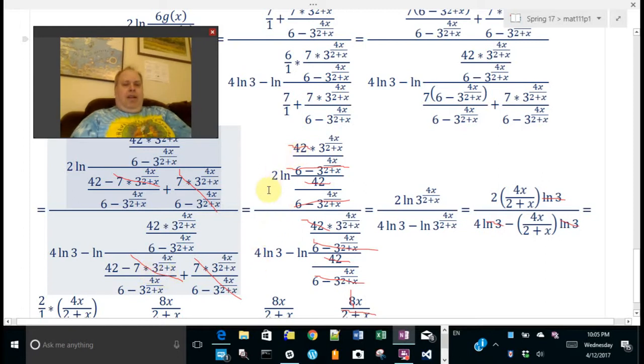We get 2 ln of 42 times 3 to the 4x over 2 plus x, divided by 6 minus 3 to the 4x over 2 plus x. On the bottom, we have almost the same thing, 42 over 6 minus 3 to the 4x over 2 plus x. So the 42s cancel, the denominators cancel, and the whole thing becomes just this part.